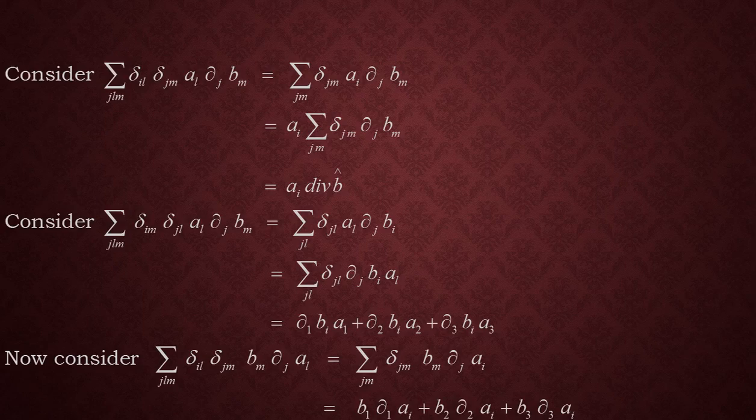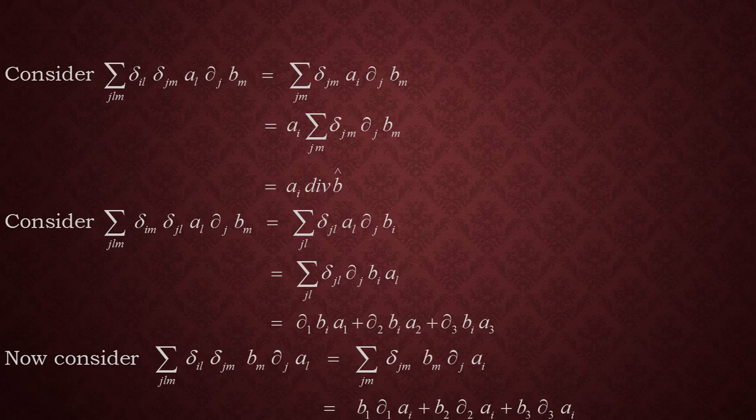If i is not equal to l, delta il equals 0. So this Kronecker delta suffix il forces us to replace l with i. Otherwise the entire expression becomes 0. If we replace l with i, then only we can write down the expression. If we replace l with i, we lose the index l under the summation.